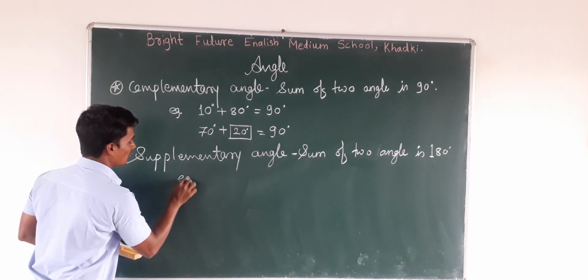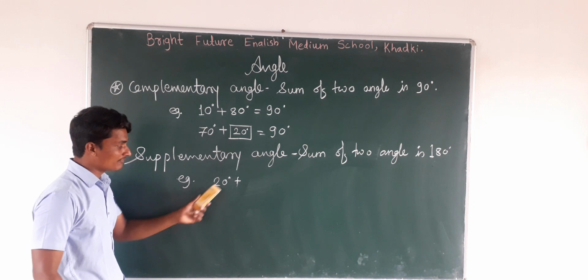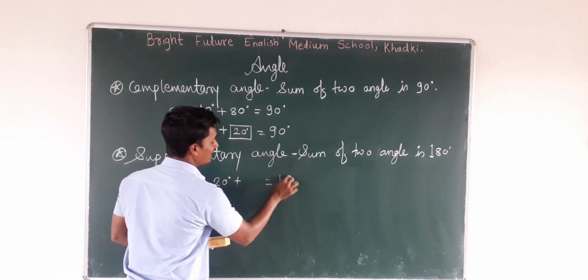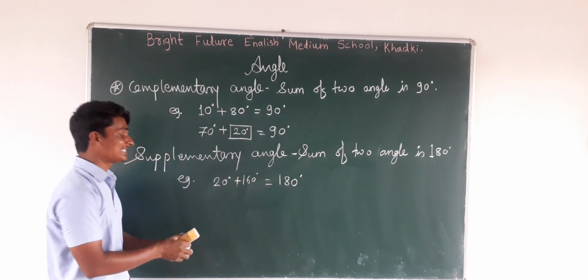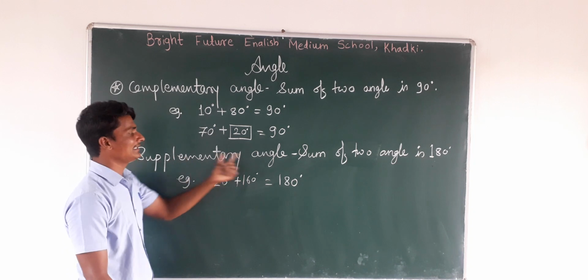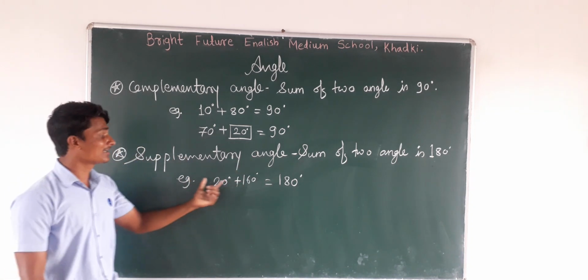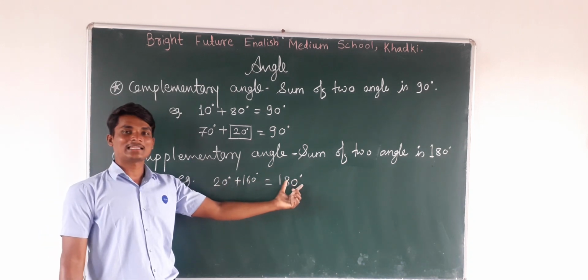For example, suppose we consider 20 degrees. What should we add to 20 degrees so that we will get 180 degrees? We have to add 160 degrees, right? So 160 degrees and 20 degrees are supplementary angles of each other, because adding them gives 180.